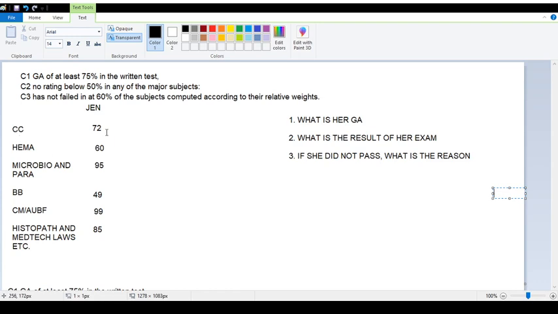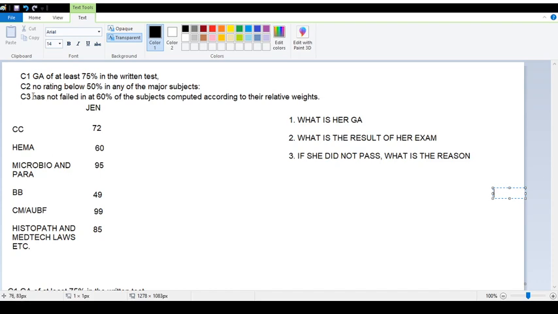If a taker failed to get 50% in any of these four, she or he already failed the board exam. For example, in CC, she had a grade of 49, 48, or any number less than 50. So she or he already failed the examination because she or he was not able to meet criteria number two.